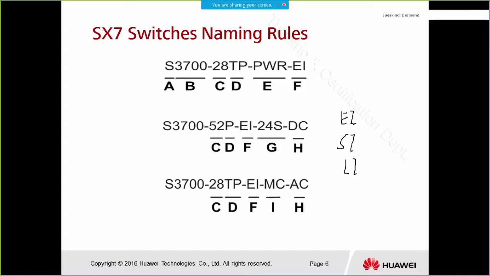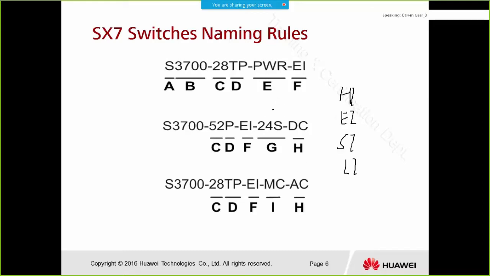EI means enhanced version. And the highest version is HI. So different versions, their functions are different, and also performance and the price are different. So for the same series, for example S37, it could have 4 different versions, and those prices are different.